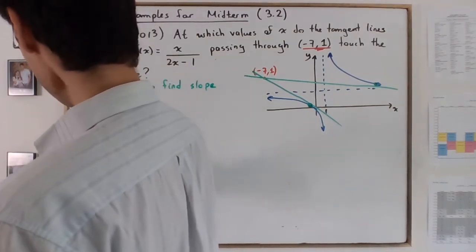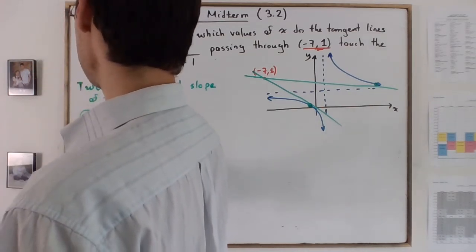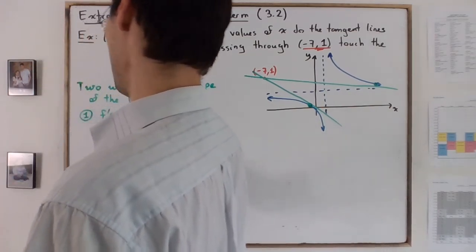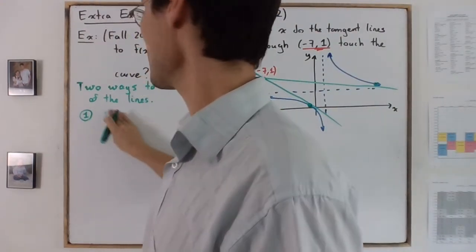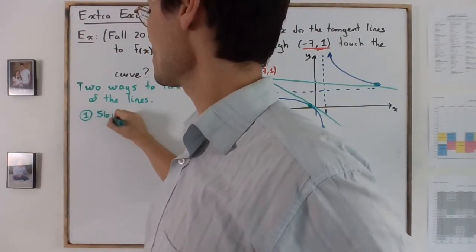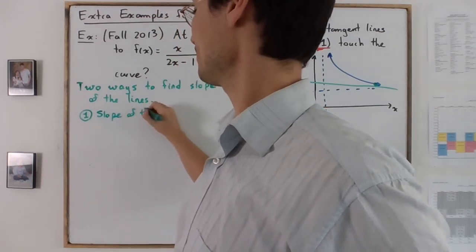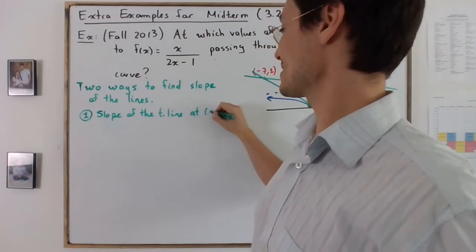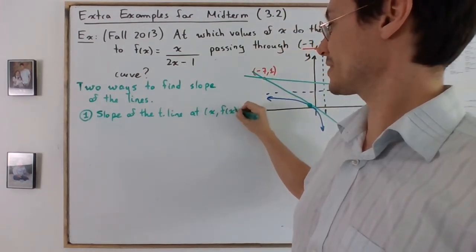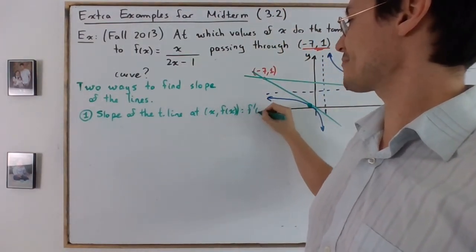One is to take the derivative. So that's going to be the slope of the tangent line at (x, f of x). We know that this is f prime of x.